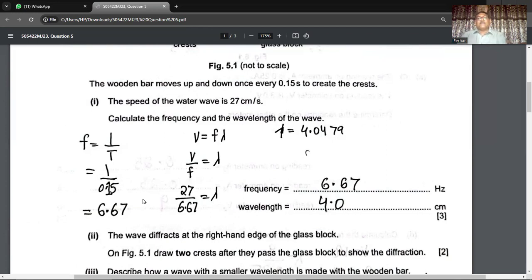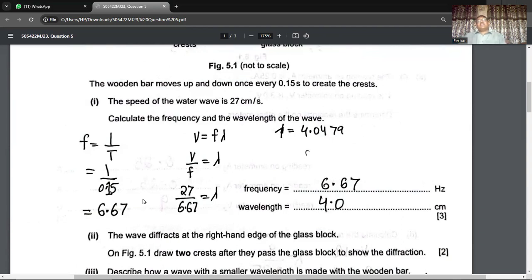So that's the frequency. Then we will find the wavelength. The speed is given, that's 27 centimeter per second. The frequency is given, that is 6.67 hertz, and the wavelength is the question. So I'm going to use the wave equation. V is equal to f lambda. So lambda will be V by f. V is 27 centimeter per second, and the frequency is 6.67 hertz. Whatever unit is used for the length in the speed, the same unit will be for the wavelength.